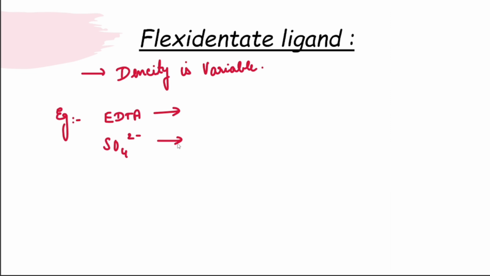We have seen that EDTA is a hexadentate ligand, but this EDTA also can be tetradentate, pentadentate, and hexadentate. And also this SO4 2 minus can be monodentate or bidentate. Okay, this is like an exception. So that's all about denticity of ligands.